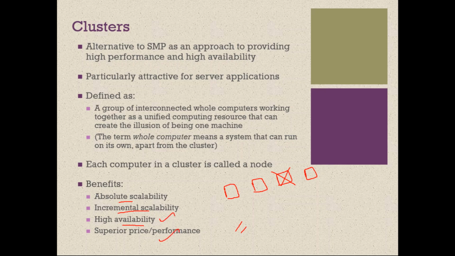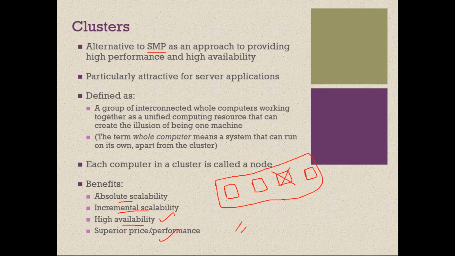Superior price or performance. If we compare the price or performance of a cluster with SMP, actually the price or performance of clusters is better than SMP. For example, if there is an SMP with 100 processors and 100 IO devices, and you are using a cluster with 100 computers, the cost of these 100 computers will be less than one SMP with 100 processors.